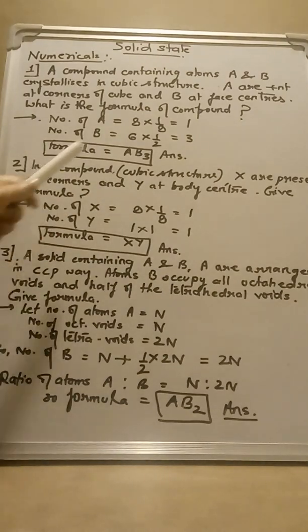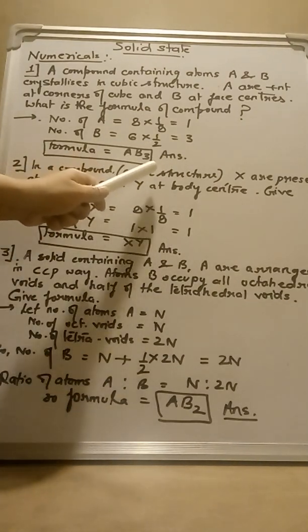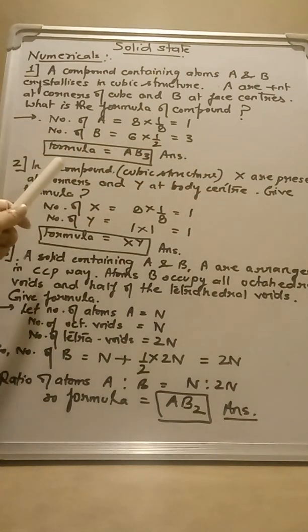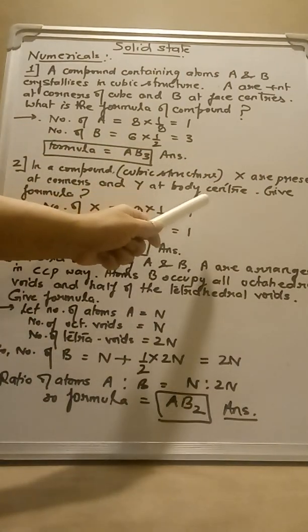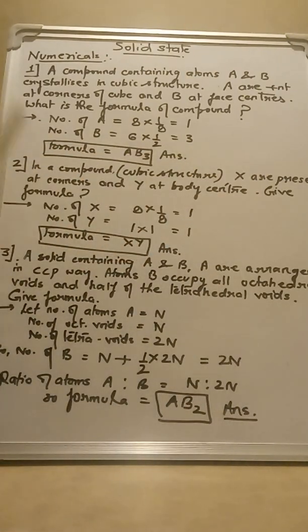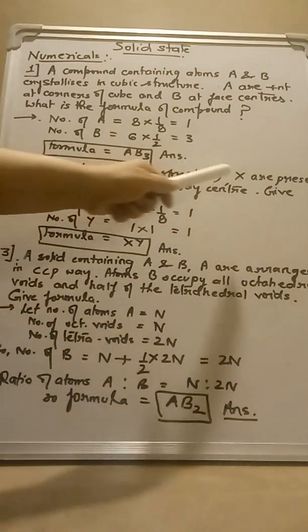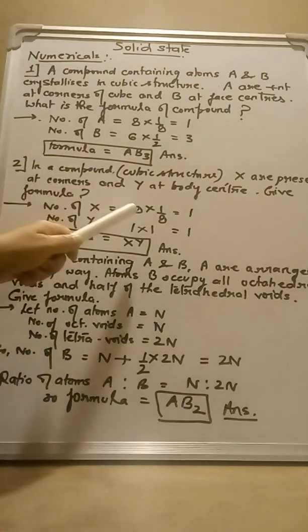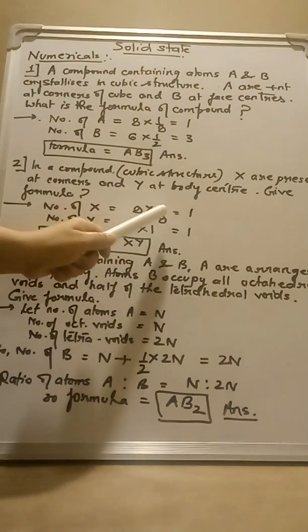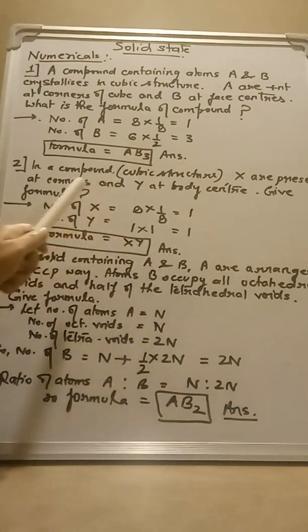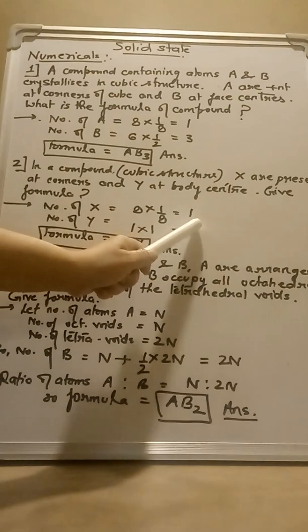In this compound, which is again in a cubic structure, X are present at corners and Y at the body center. Now you have to give the formula. Again you have to find the number of X and Y in the compound. Since X are present at corners, there are 8 corners, contribution of each is 1 by 8, so that makes number of X equal to 1.